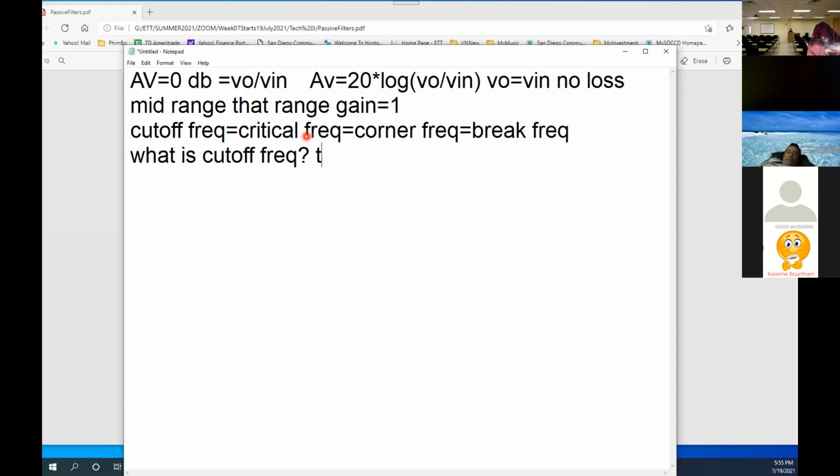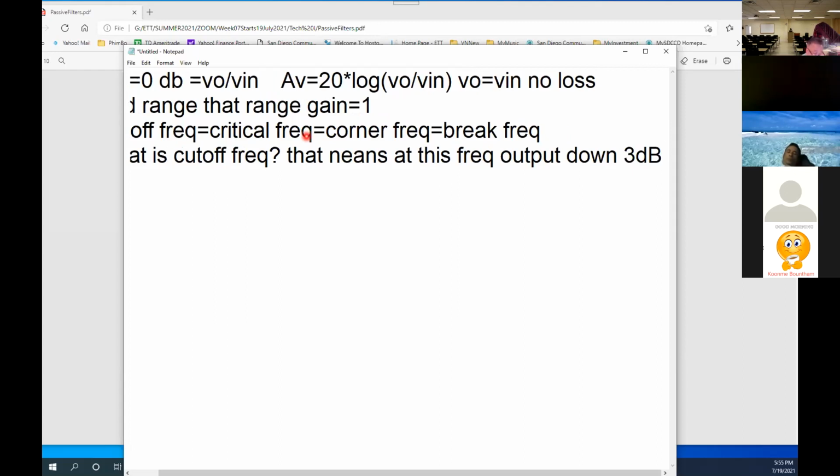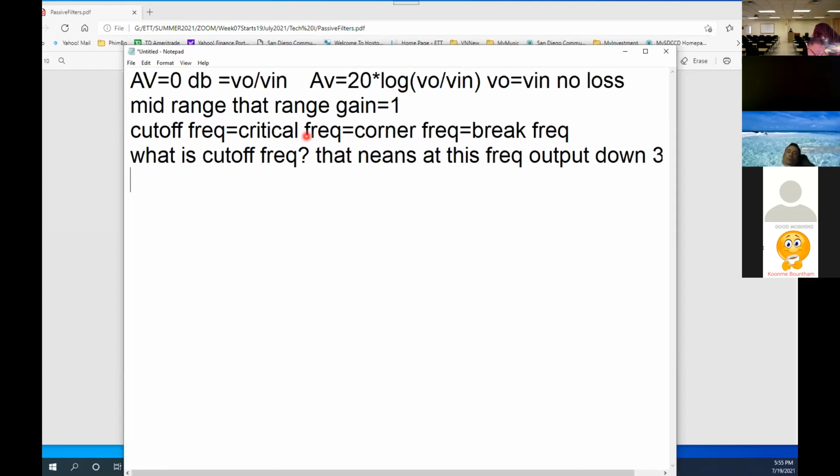That means at that frequency, the output is down 3 dB, 70.7%.